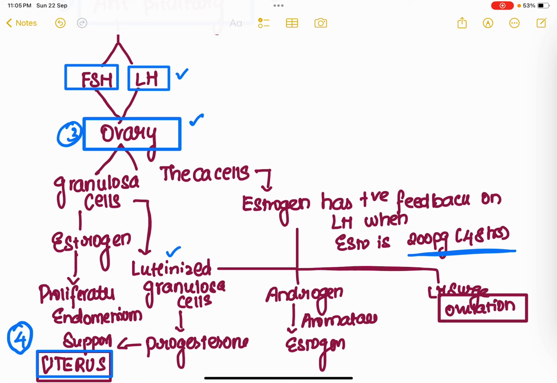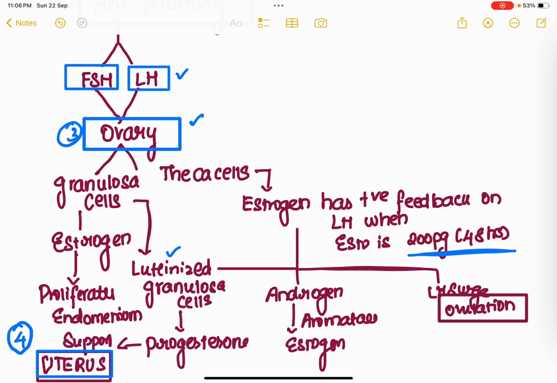Am I clear? Yes. Now, when the estrogen is present at a concentration of about 200 picogram for a period of about 48 hours, it is going to have a positive feedback on the luteinizing hormone. So this luteinizing hormone will have three functions.